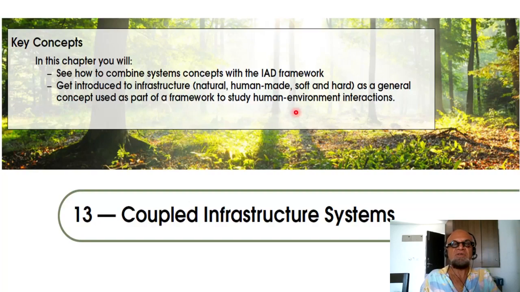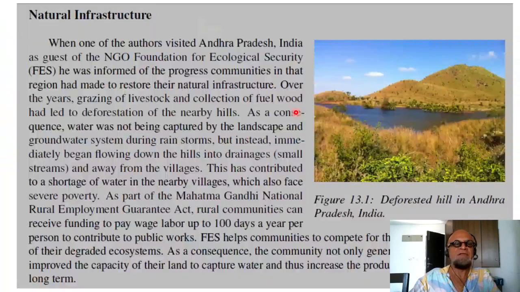When we say infrastructure, typically you get the image of roads, bridges, dams, and so on, but actually there are also natural infrastructures like wetlands, and soft and hard infrastructures, and of course human infrastructure and social infrastructure as well.